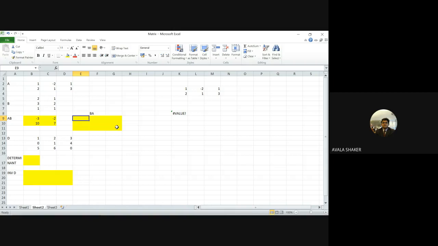What does control shift and enter do? It does the calculation for the whole array. The command which is set for executing that is not enter, but control shift enter.